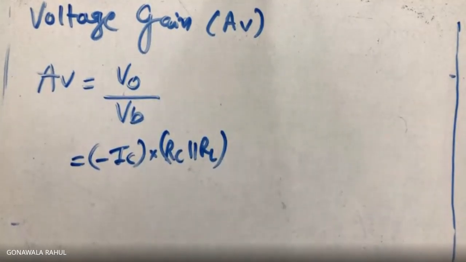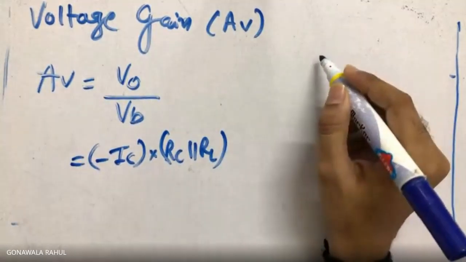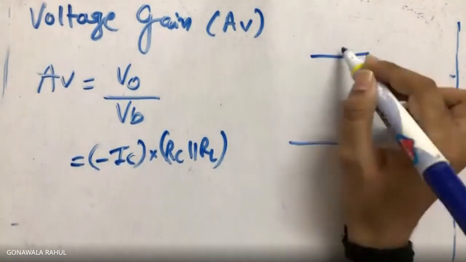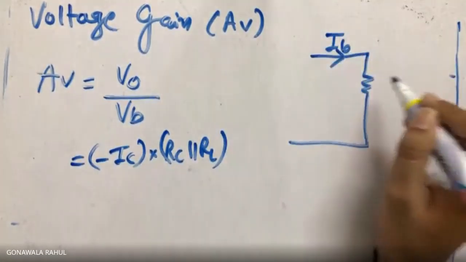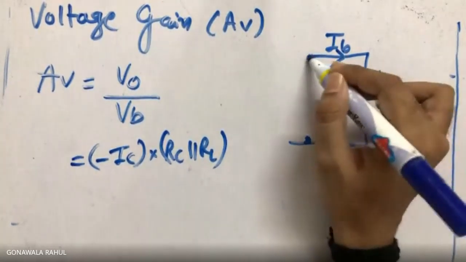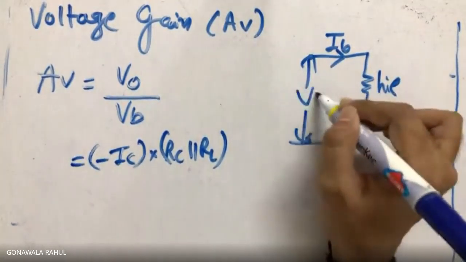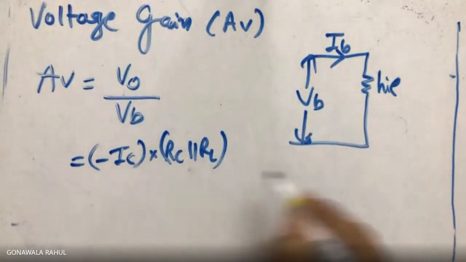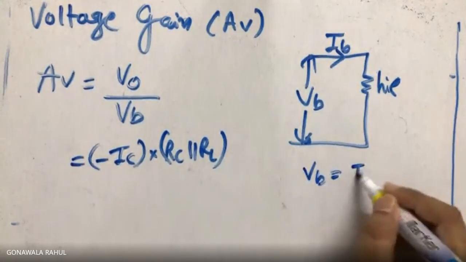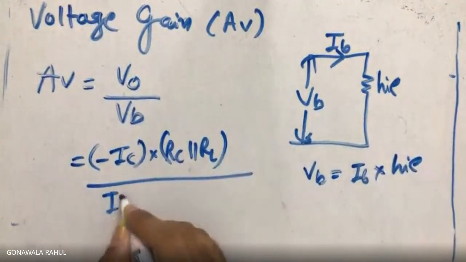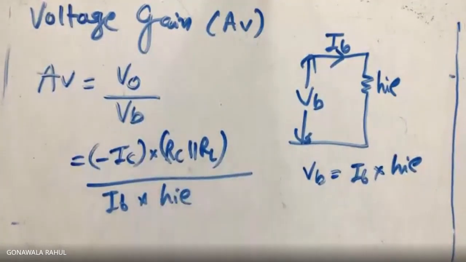At the input side we had a circuit like this. Current flowing direction was IB, here hie, and at this terminal we had base voltage. So base voltage VB is equal to IB into hie. So in the denominator we have IB into hie.